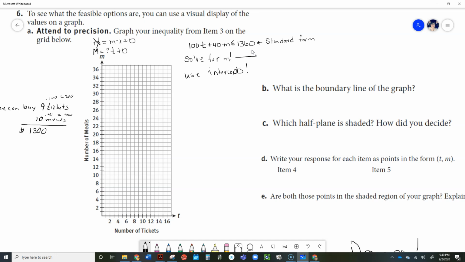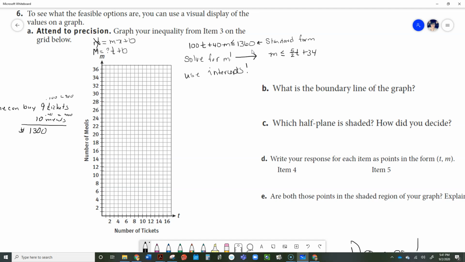If you solve for m, you're trying to get m by itself, it's going to be m is less than or equal to, we would subtract 100t and divide by 40. So it would be 5 over 2 t, and then it would be plus 34.